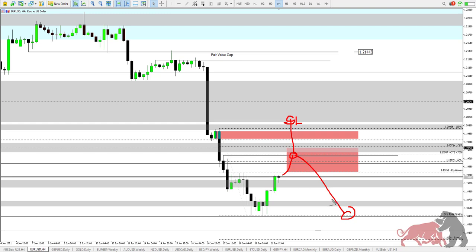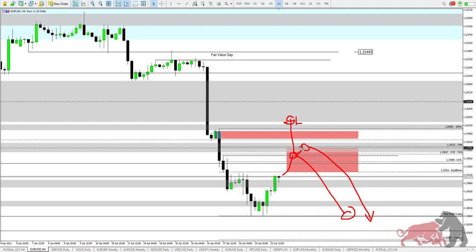Firstly, from the 19587. Yeah, 19587 or the 1980, 1980 or 19700. So that is this range in price action for you to be a seller.